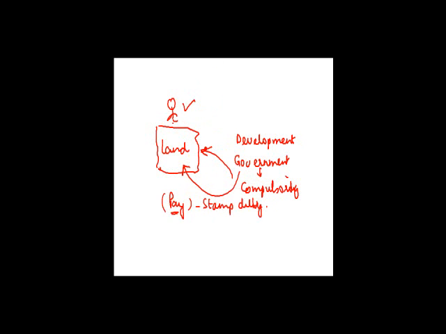But many a times the stamp duty value may not necessarily represent the fair value, so these people dispute the consideration paid by the government. As I said, these acquisitions are done compulsorily under the law, so these people have no option but to give away this land. You can go and object, that's a different matter, but these are known as compulsory acquisition.